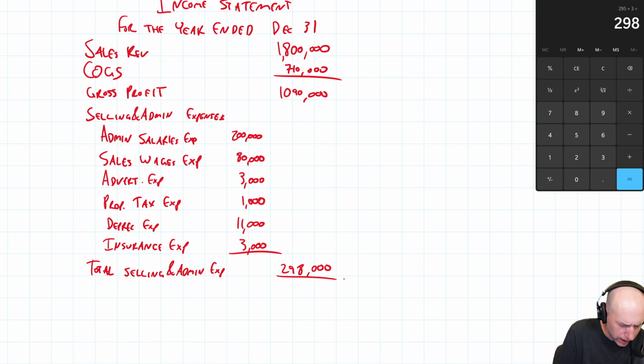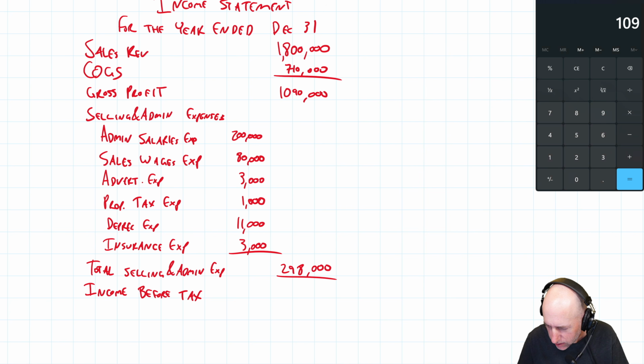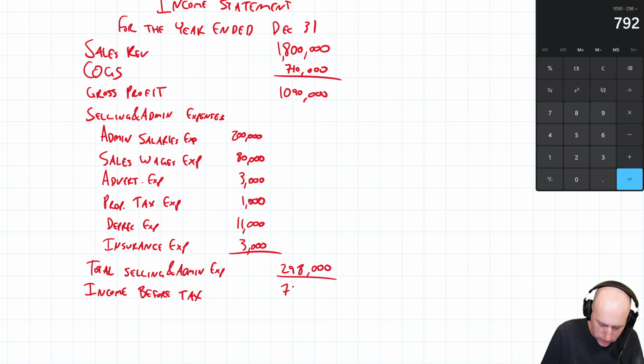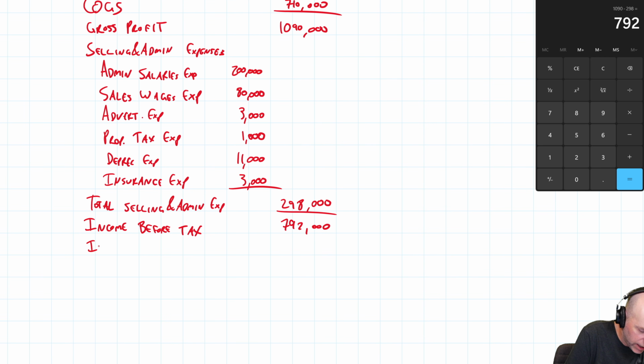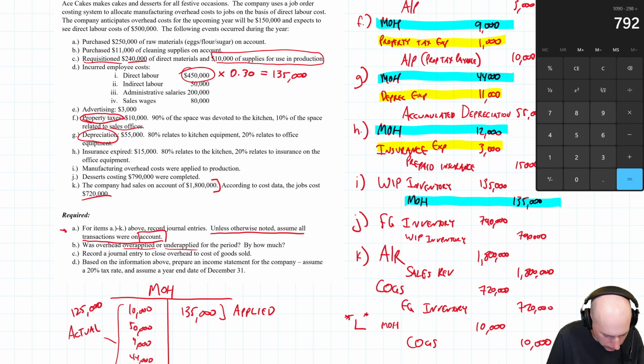So our income before tax, $1,090 minus $298 is $792, $792,000. We've got an income tax expense, which we said was 20%, I believe, unless I've forgotten.